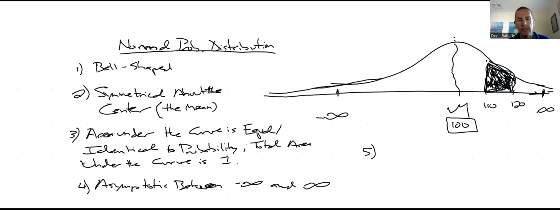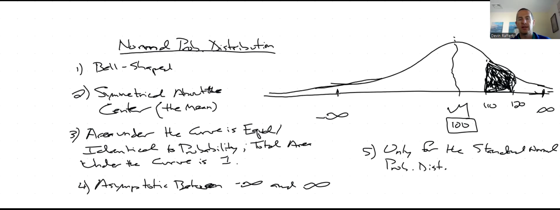It is only for the standard normal probability distribution, which is that the mean is 0 and the standard deviation is 1.